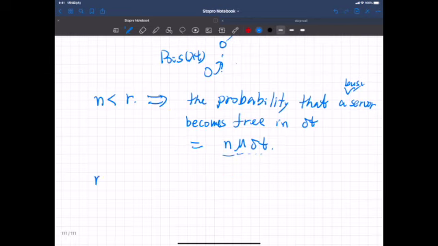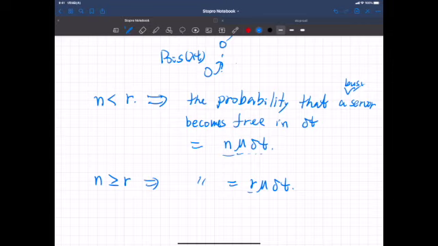And if the number of customers is greater than or equal to r, the number of servers, then the same probability should be equal to r mu delta t, because there are only r servers, so this probability is limited by the number of servers. So, the number of customers served within delta t is limited by the number of servers, so this makes sense.